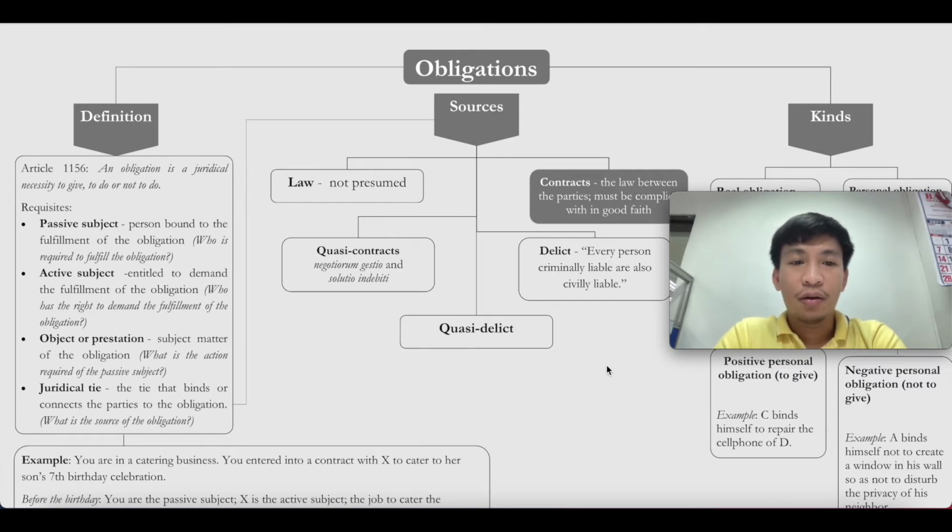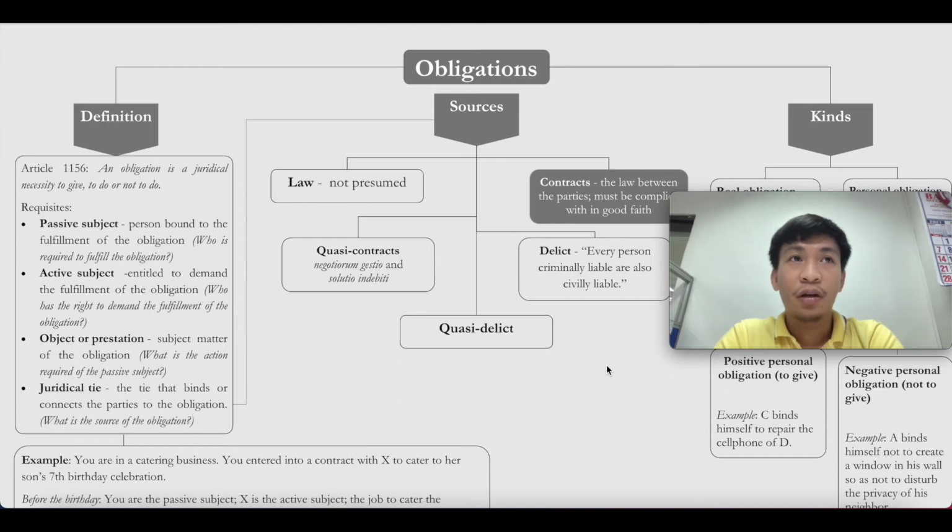Now, for law, what we mean here is all obligations arising from law are not supposed to be presumed. They must be in writing and they must be acts of Congress, gaya ng pinag-aralan natin last time. So, the law creates certain obligations that are written, and these are not presumed.